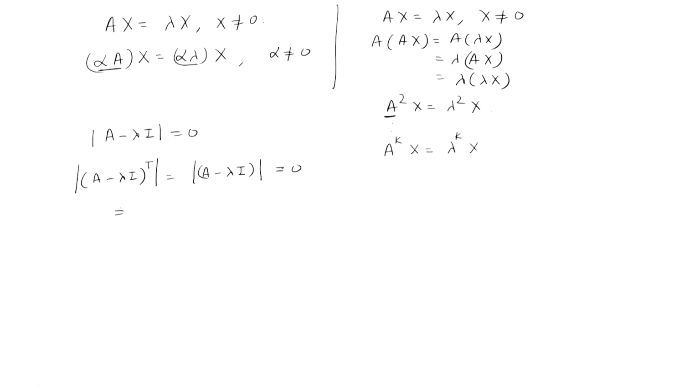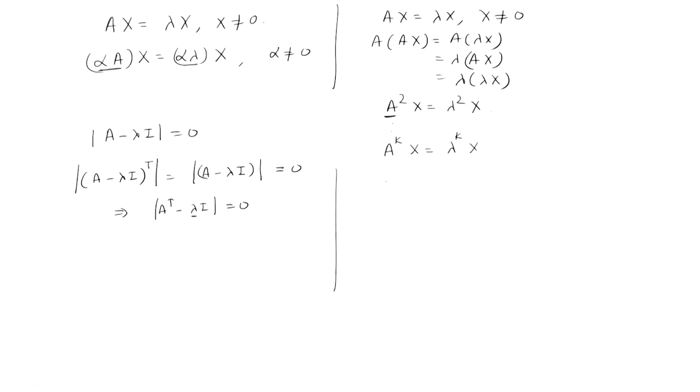This is equal to 0, it is given to us, and this implies determinant of A transpose minus lambda I is equal to 0. The lambda is not changing here, whatever lambda we have here, the same lambda we have here. That means the eigenvalues of A and A transpose are the same.